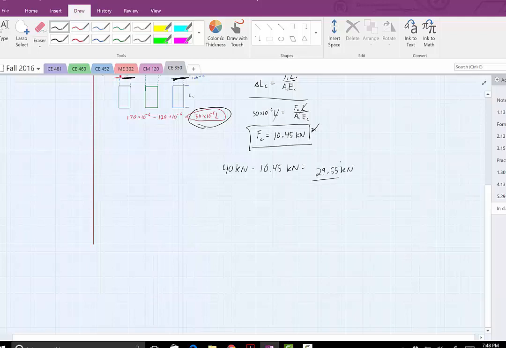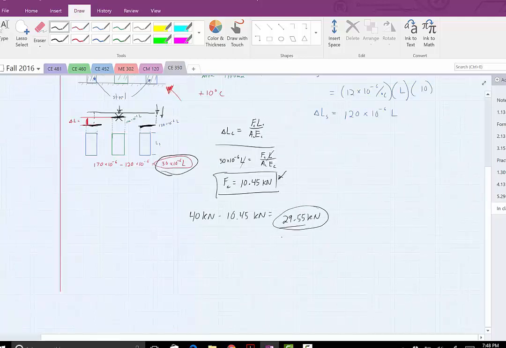This 29.55 kilonewtons is not applied evenly, but it's going to be distributed between both the copper and the steel.